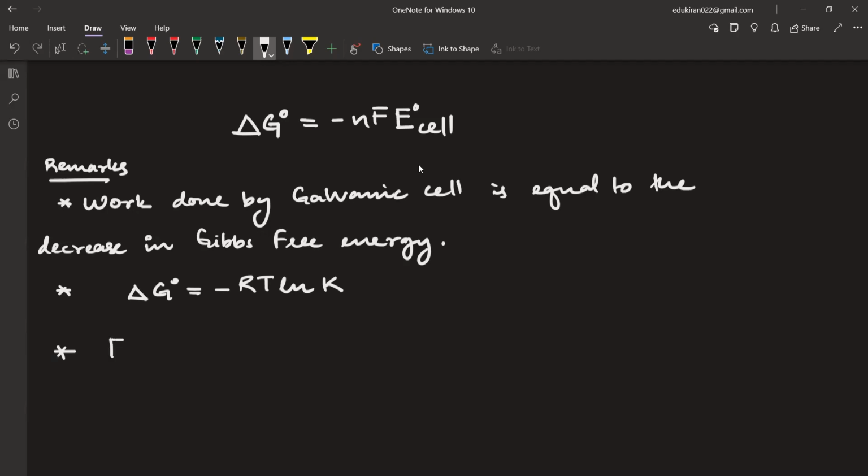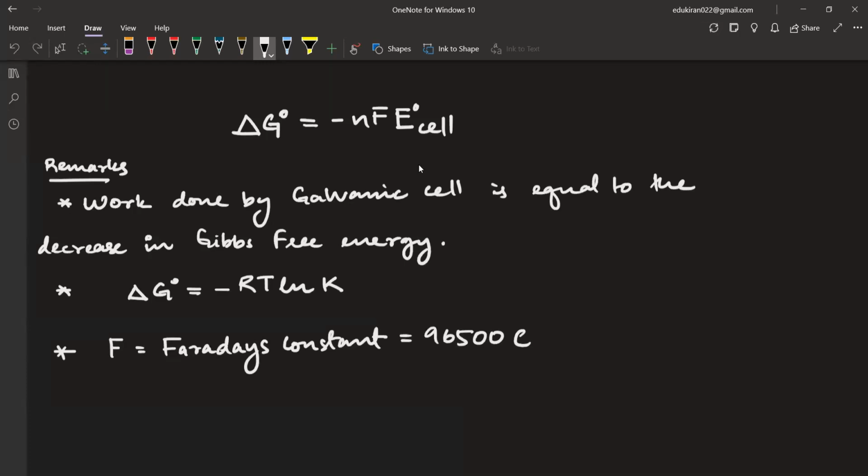Now what is F? F is the Faraday's constant. Faraday's constant is what? It is equal to the charge in 1 mole of electron, which is equal to 96500 coulombs. This is your Faraday's constant.